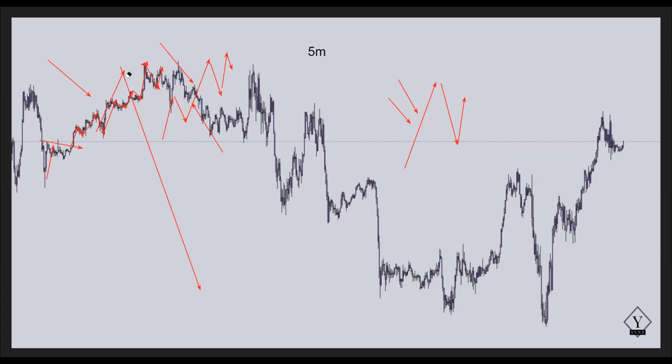And then let me just clean this one. Just redraw it.